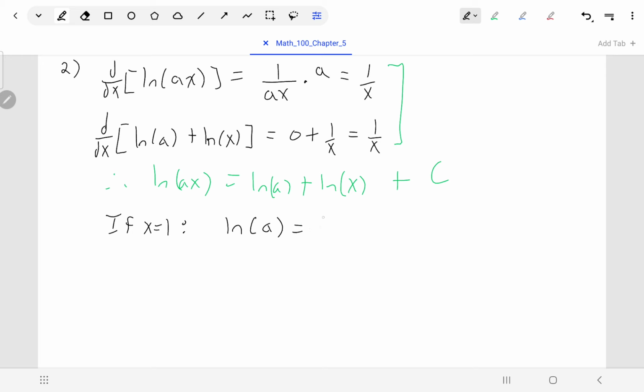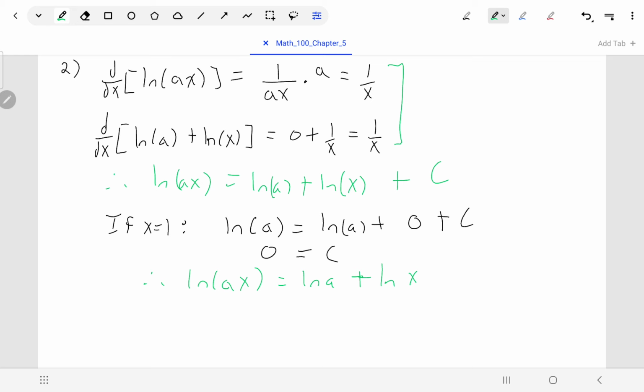And on the right side, you'll have the natural log of a plus the natural log of 1 plus c. We can conclude right away that the natural log of a is equal to the natural log of a plus c. In other words, c must be 0. And so we can conclude that the natural log of something multiplied by something else is the natural log of the first thing plus the natural log of the second thing.